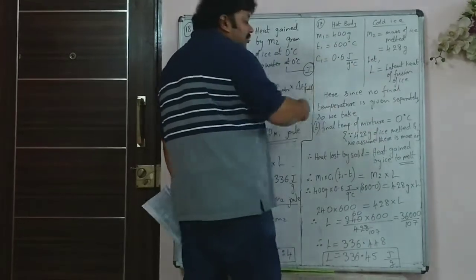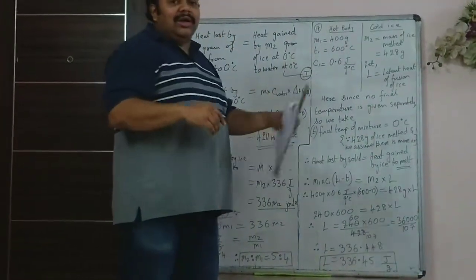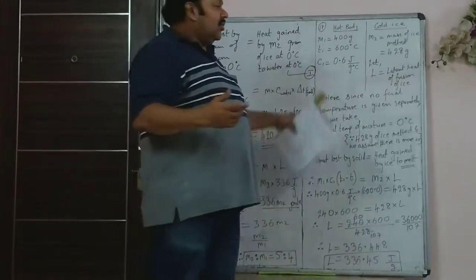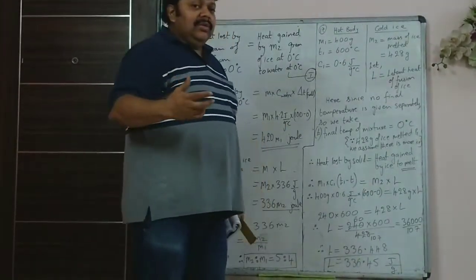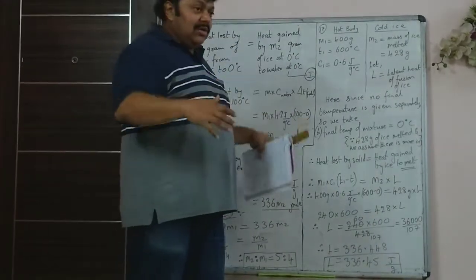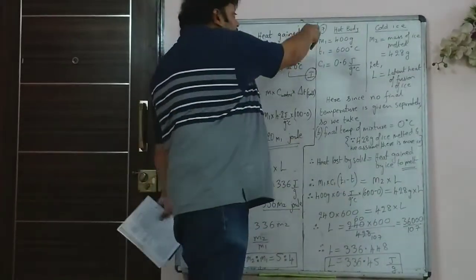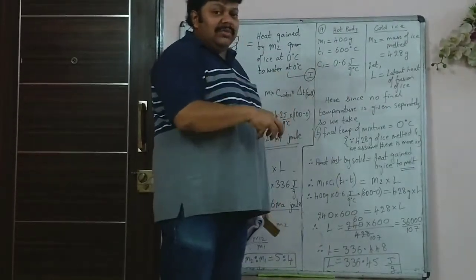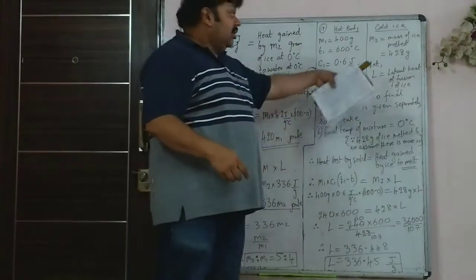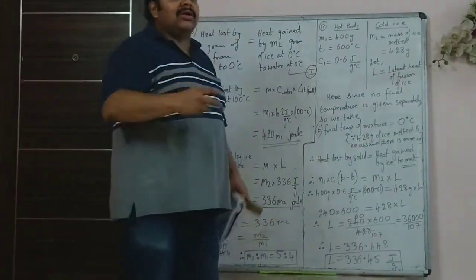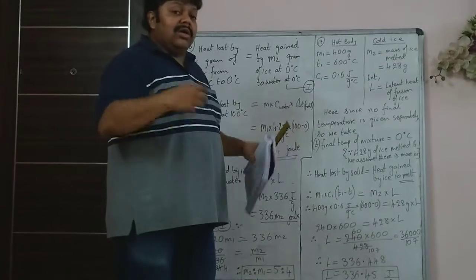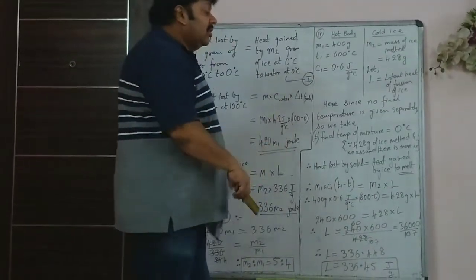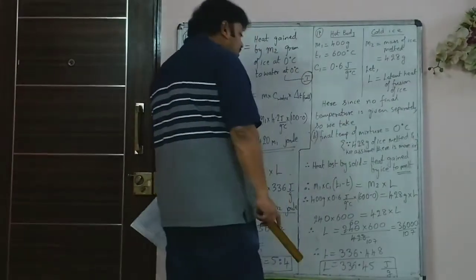So this just gives that there is a block and on the block a small metal ball of 400 gram which was at 600 degrees Celsius was placed and because of that 428 gram of ice melted, means there is more block remaining. So the final temperature of everything, that means the mixture, is 0 degree Celsius.